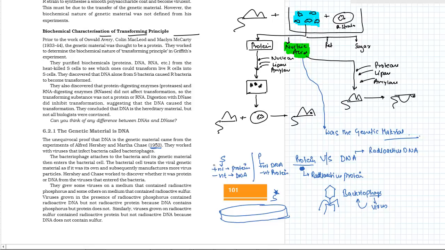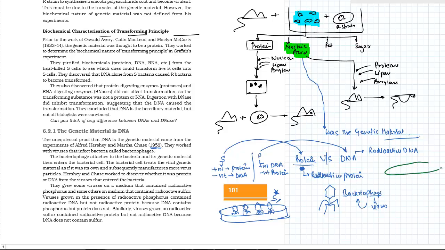So sulfur can be utilized to tag protein, and phosphorus can be utilized to tag DNA. So if the medium is very rich with radioactive sulfur, all the bacteriophage will become radioactively labeled, but specifically their protein radioactively labeled.